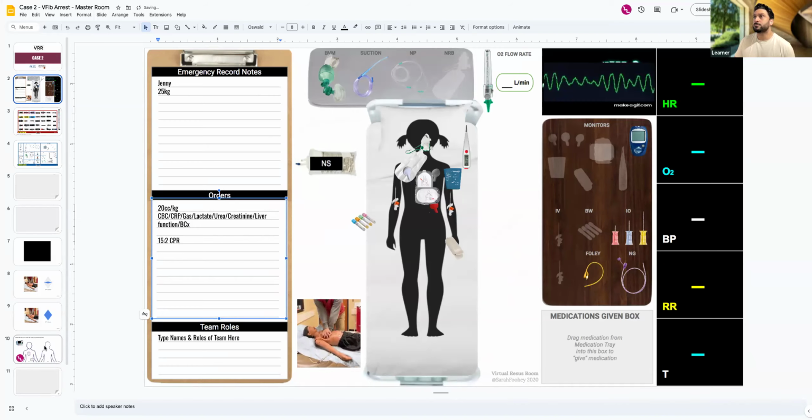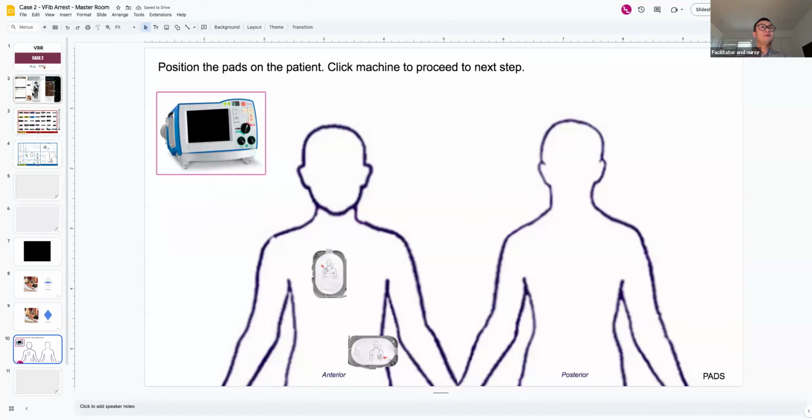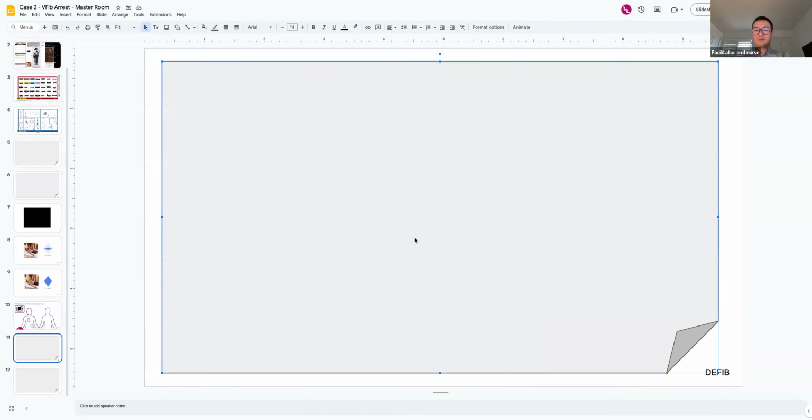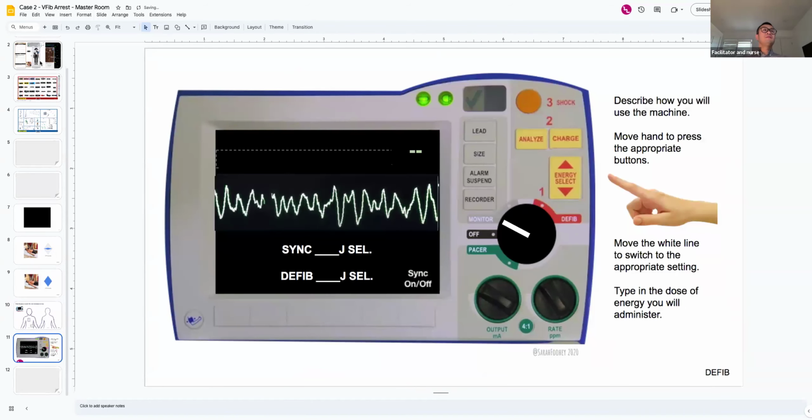Yep. Perfect. Okay. You can continue to manage the patient or defibrillate as you want. If you want to continue, go back to slide 2, or continue with the defibrillation at this point.